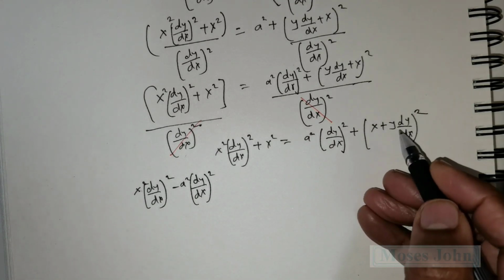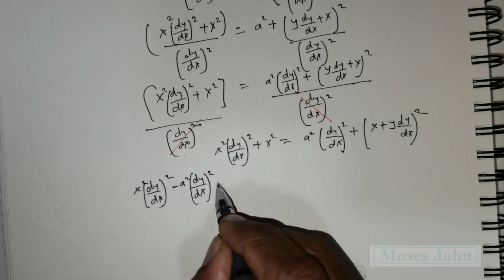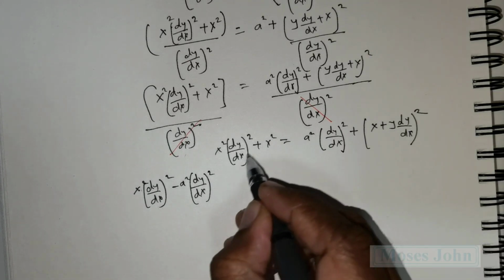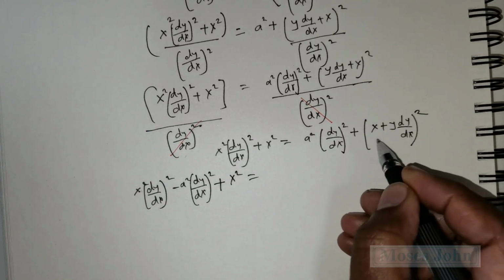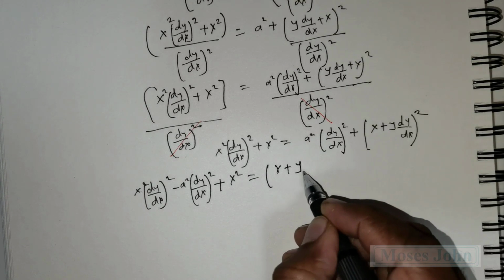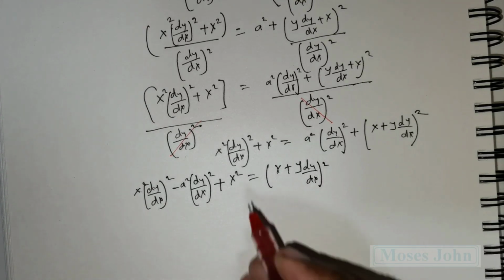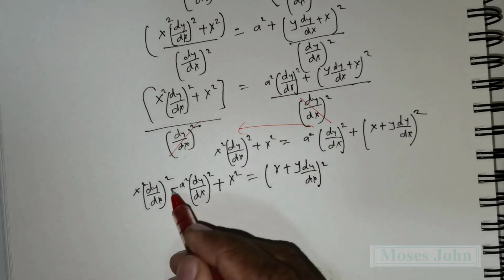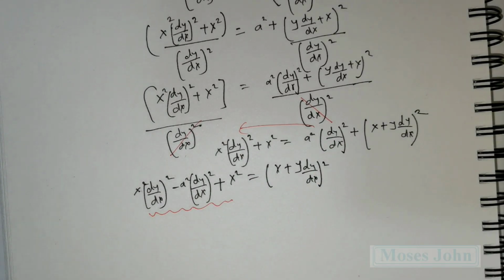Now this term, I'm going to simplify within a few minutes, so just hold on. So I place this x squared on the right side. I just have x plus y dy over dx whole squared. So what have I done? I have brought this to the left and rewritten it.